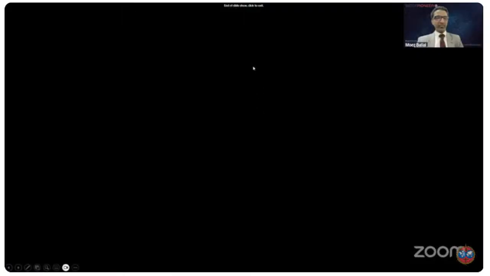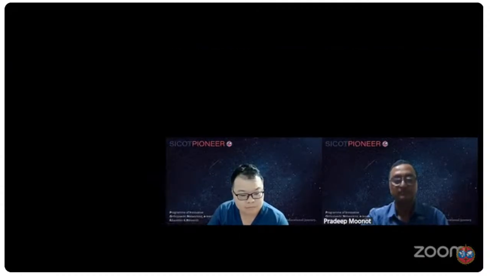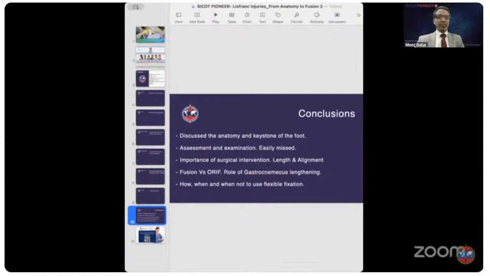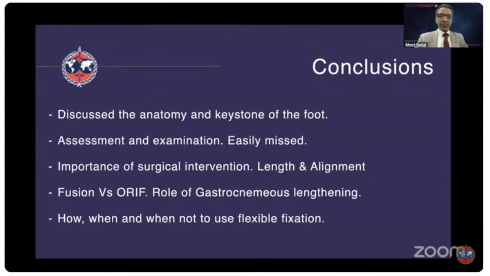Thank you so much, Lee, for those 3 interesting cases. As you mentioned, these injuries span from simple, straightforward, pure ligamentous injuries to devastating injuries. Right, so we've gone through the anatomy of the foot, as mentioned by Mai, and then we've gone through the assessment and examination. We all know that these injuries can be easily missed if not thought of, and a thorough examination has been done.